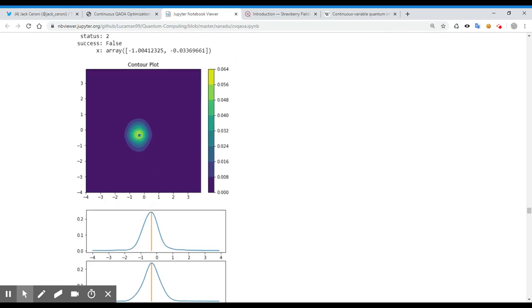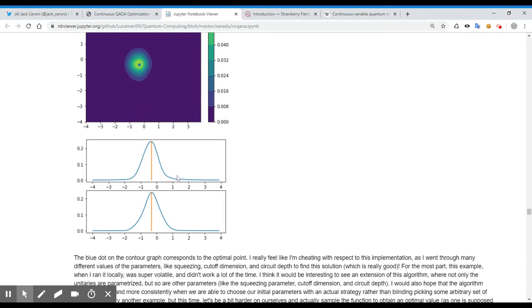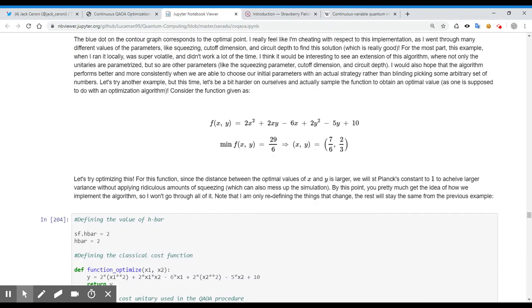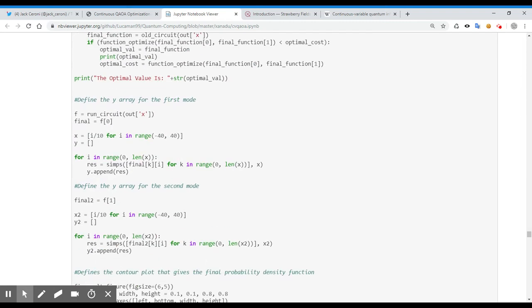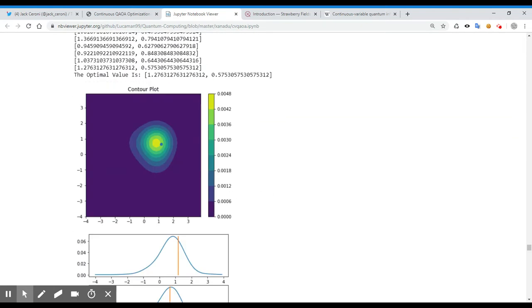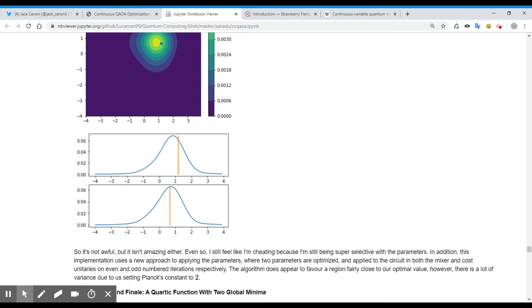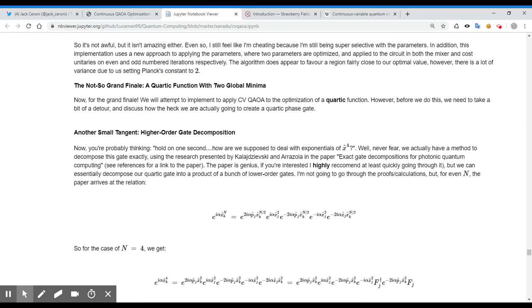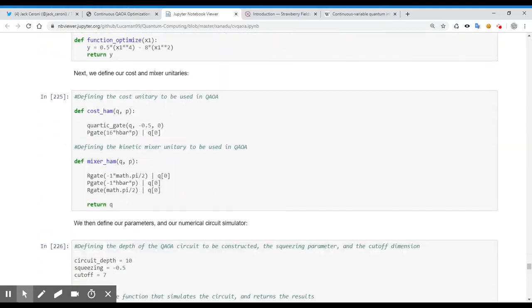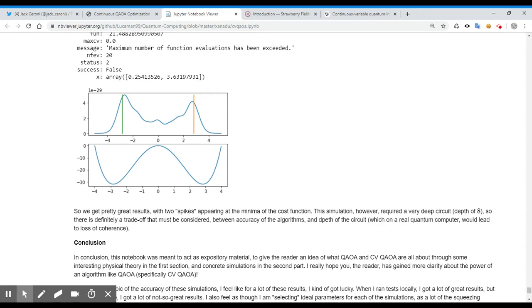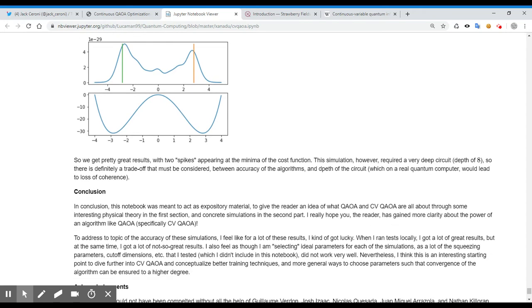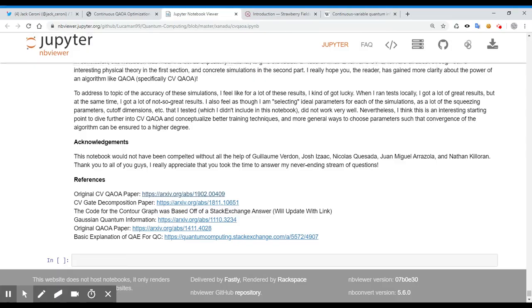Oh, cool. So that's seen from the top, I guess. Here's the full code, I guess, or I don't know. Quadratic function with two local minimums. Okay.